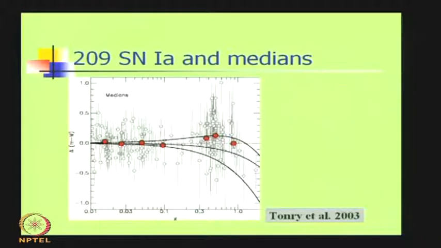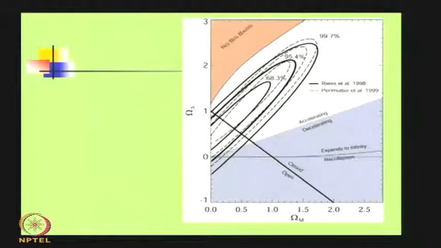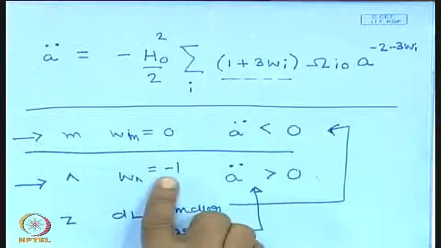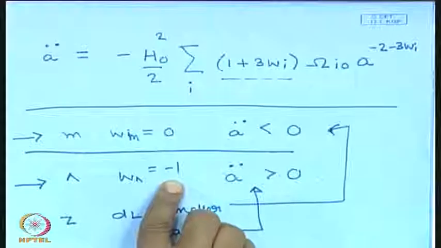So it is necessary to invoke a model which has a constituent with negative pressure. This is what we were discussing in the last class. If you allow for a constituent with negative pressure, we call it lambda, with pressure equal to minus the density times c squared, so the equation of state parameter is -1.